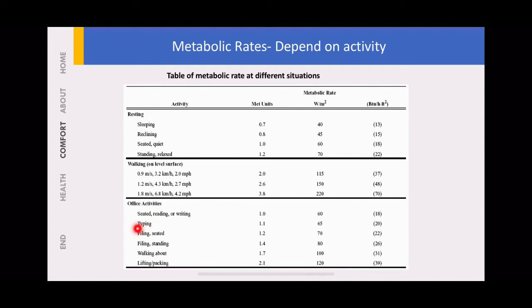Or office activities: sitting, reading and writing, typing, filing while seated, filing while standing, walking about, lifting or packing. So I'm not kidding here. The MET units are given as such, as you can see here on the slide. The metabolic rate, you can put this into the calculation, right? We'll talk about this later. In SI unit, and this one will be in English unit.